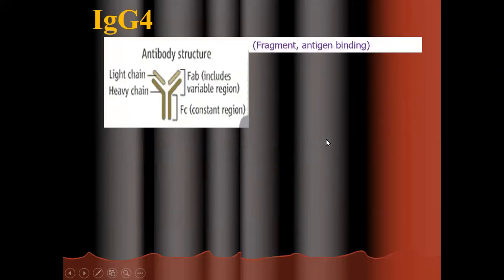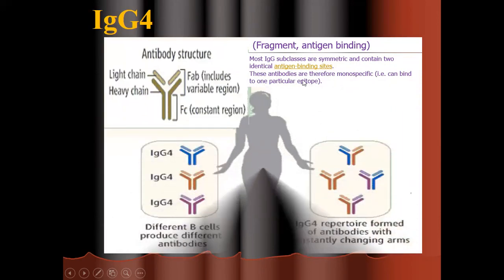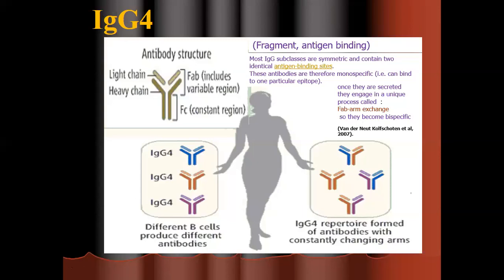IgG4, as one of the IgG class, has the same structure, but they are released monospecific as all immunoglobulins, and they have a unique feature. Once they are secreted, they engage in a unique process called Fab arm exchange. So they lose their monospecificity and become bispecific, which means that the IgG4 is released from the plasma cell like any other immunoglobulin with two symmetrical chains.